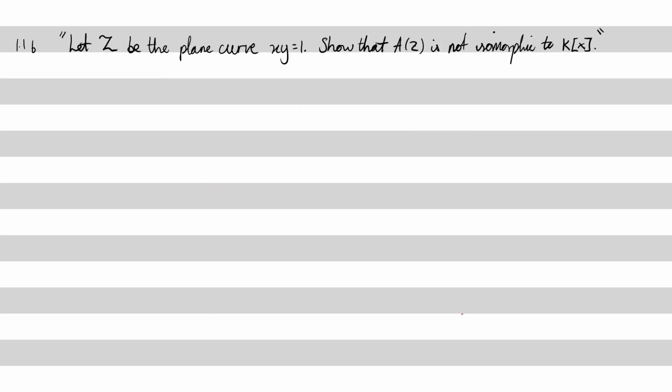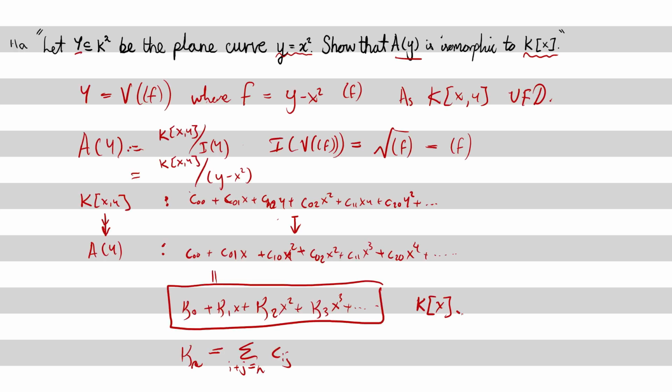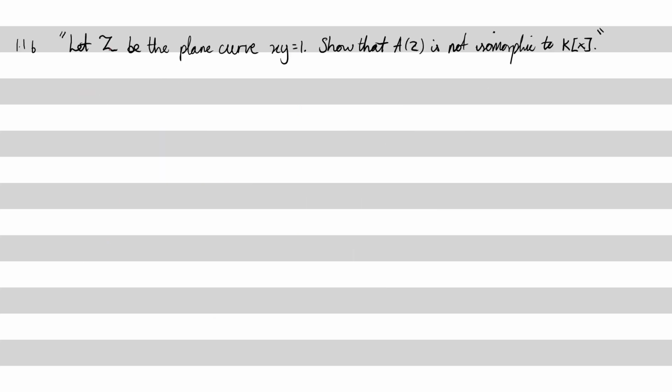Now on to 1.1b, which is the exact same question as before and the exact same method as before, but this A of Y is going to be different.